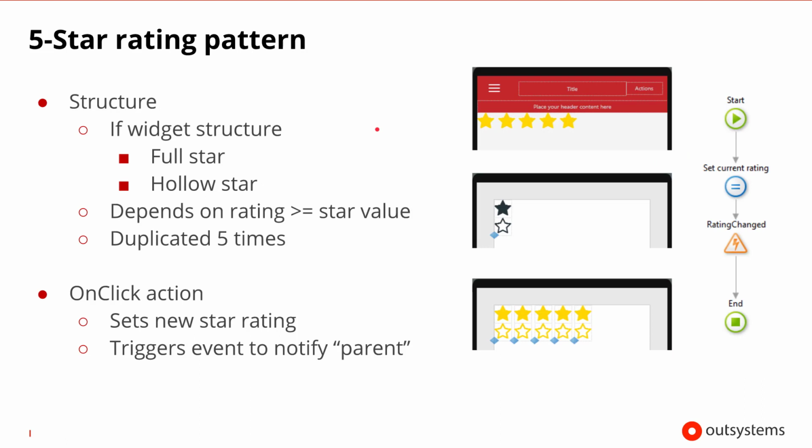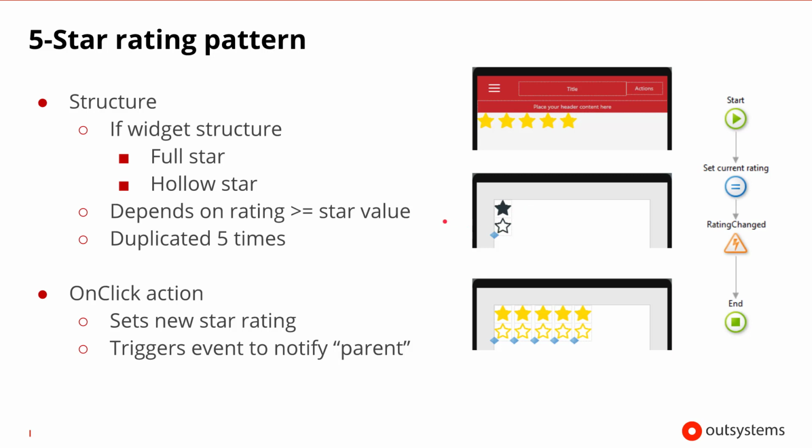We're going to build the 5-star rating pattern by starting with a structure and then give it its on-click behavior with an action. The structure is going to be an if widget structure that defines if the rating is active, it will have a full star, and if not, it will have a hollow star.